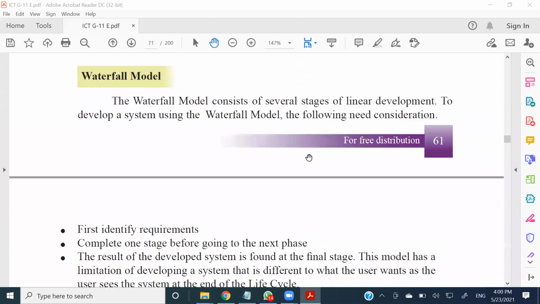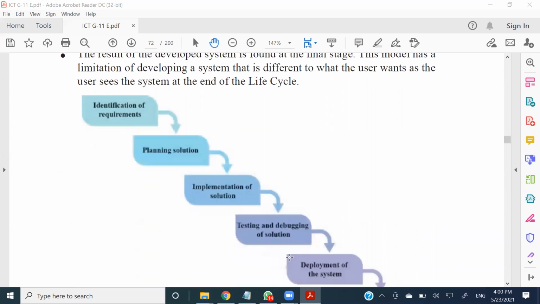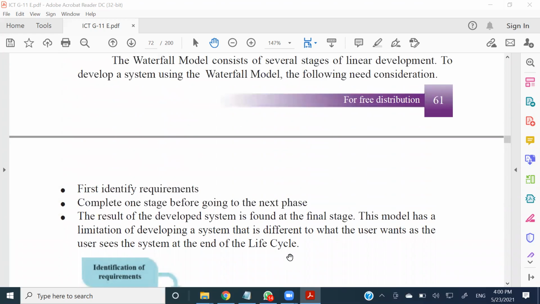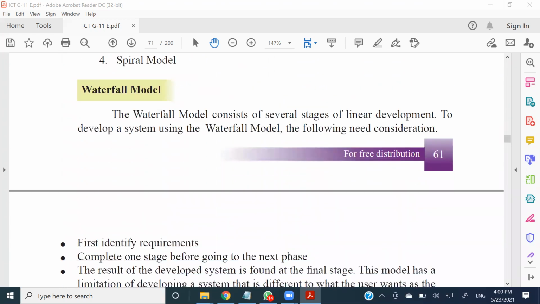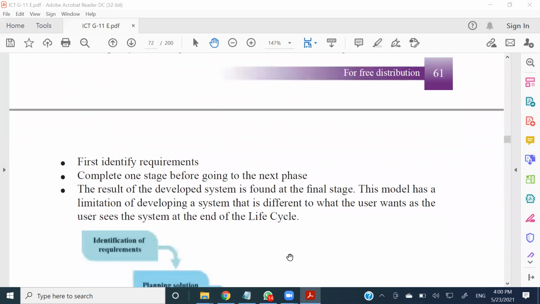So here it gives you the important facts, right? The waterfall model consists of several stages of linear development. Linear development means one after the other. The development happens one after the other. To develop a system using the waterfall model, the following need consideration. The first thing, first identify requirements.